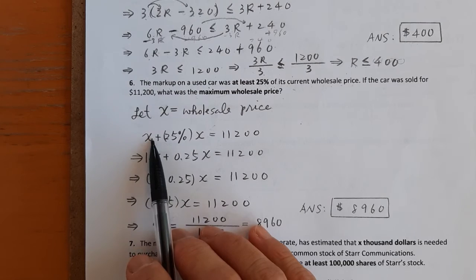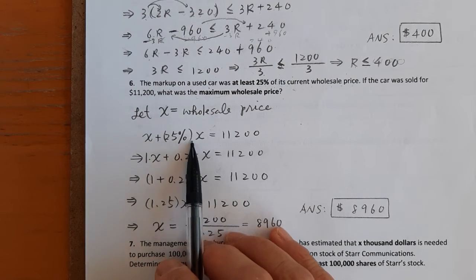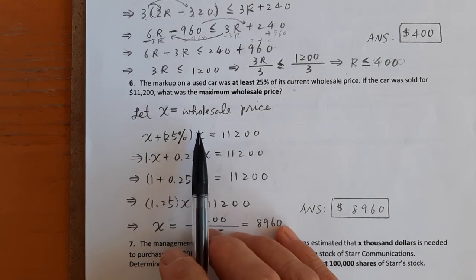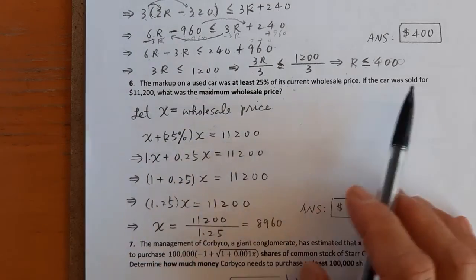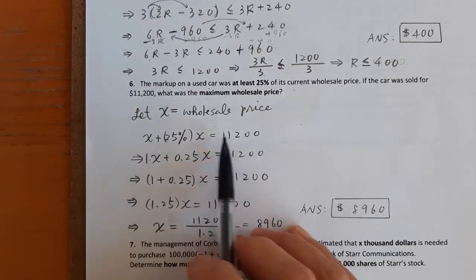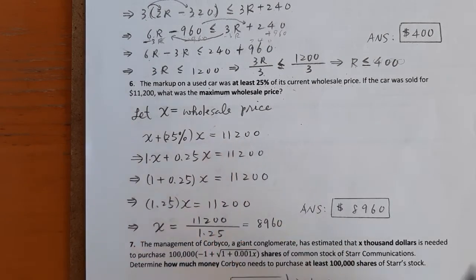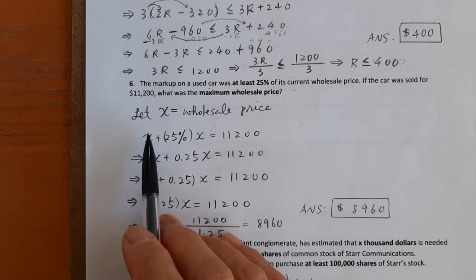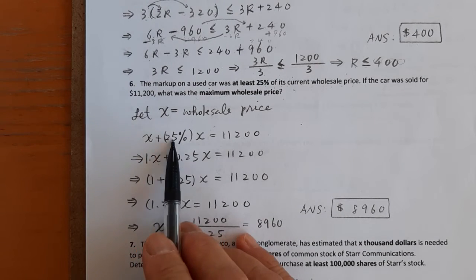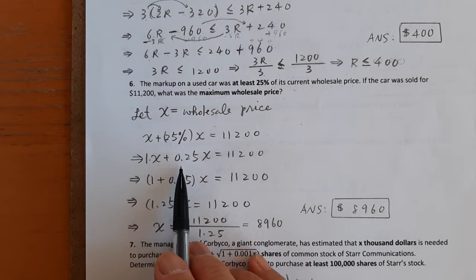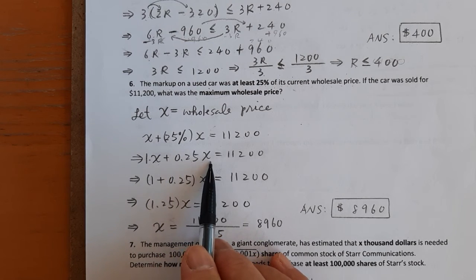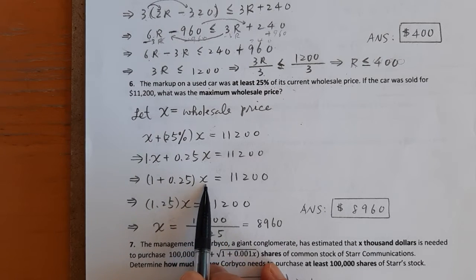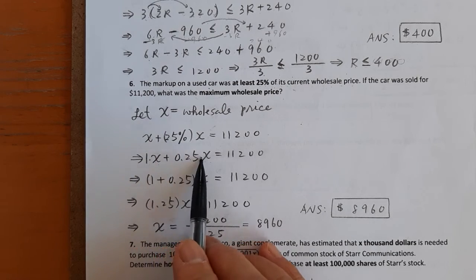So from this wholesale price, add 25% of wholesale price X. So 25% times X, that's equal to the selling price, $11,200, and get the equation. Solve for X. So X is 1 times X. 25% changed to decimal is 0.25 times X. Then the two like terms have a common factor X, and get 1 add 0.25.